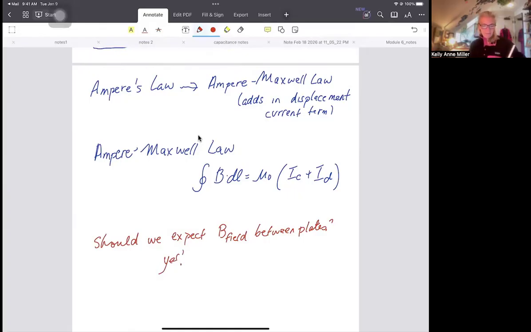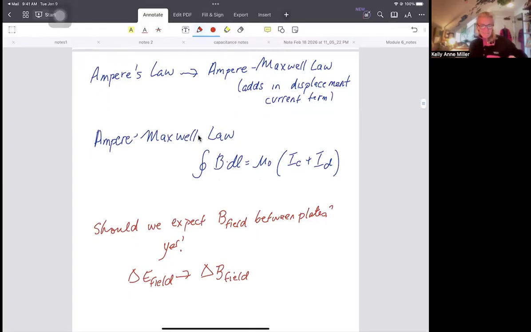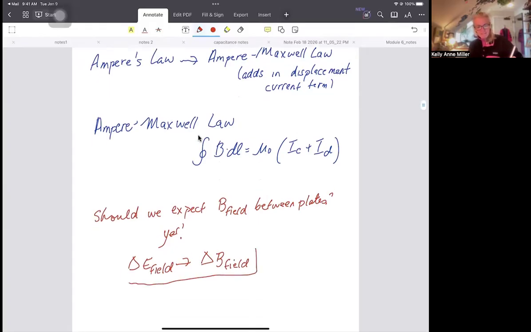For the reasons that I just said, a changing E field has to lead to a changing B field, otherwise electricity and magnetism breaks down. This is a fundamental fact of electricity and magnetism: if you have a changing E field, you must have coupled with that a changing B field. So there's both of these between the plates.